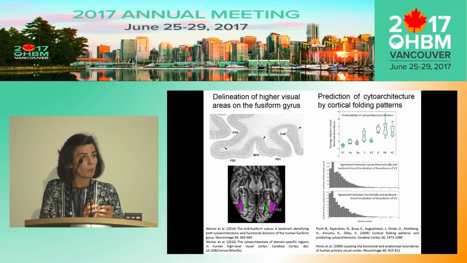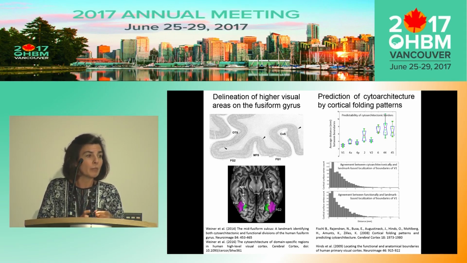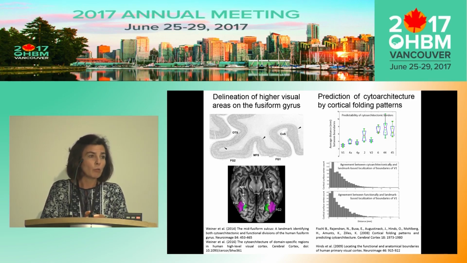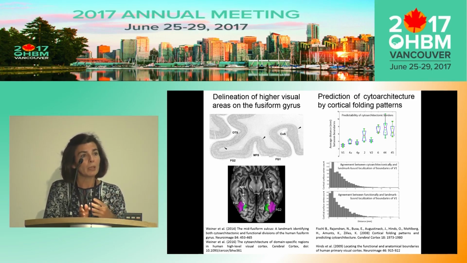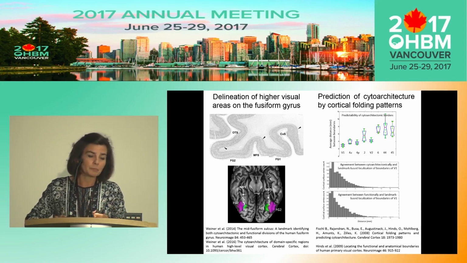So the landmark would provide a good hint as to the position of the border. But when you move up to hierarchically higher areas, such as areas 44 or 45 of the Broca region, this correlation between macroanatomy and microanatomy becomes less tight.